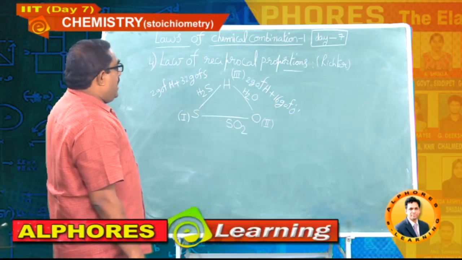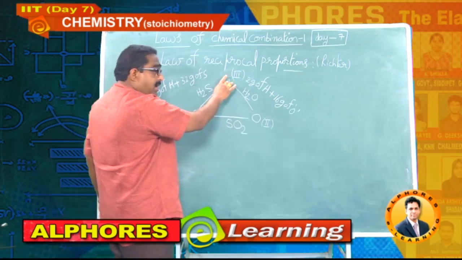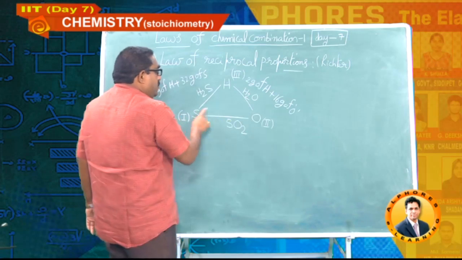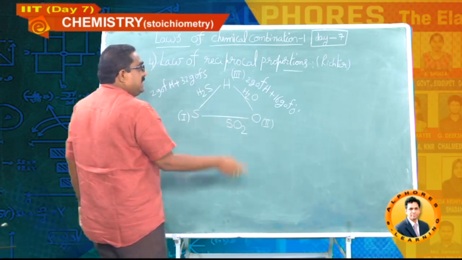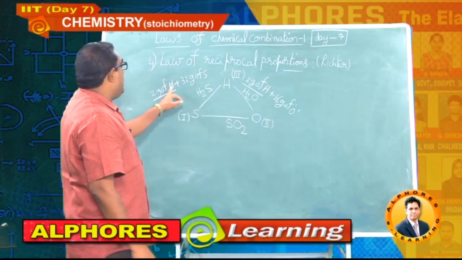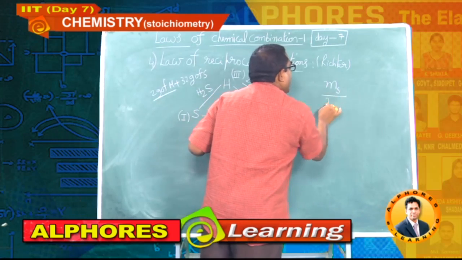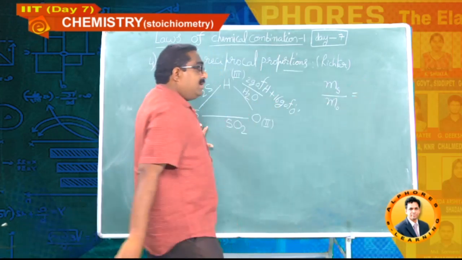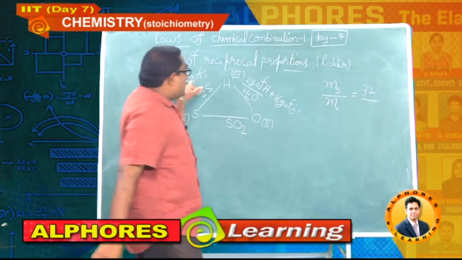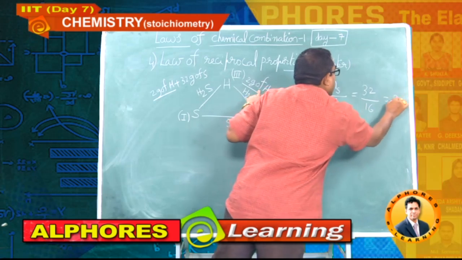If two elements combined separately with the third element to form compounds, the mass ratio of those two elements, that is first and second elements, which combined with the fixed mass of third element, here is 2 grams. Now I am writing mass ratio of sulfur and oxygen. Mass of sulfur divided by mass of oxygen is equal to mass of sulfur with 2 grams of hydrogen, 32, mass of oxygen with the same 2 grams of hydrogen, that is 16. Here it is 2 by 1.